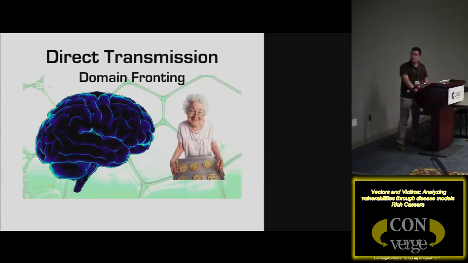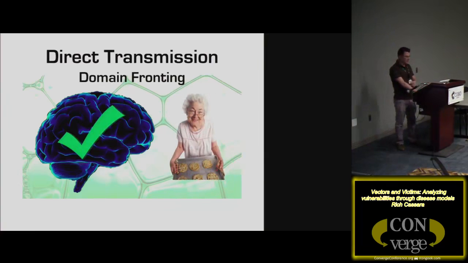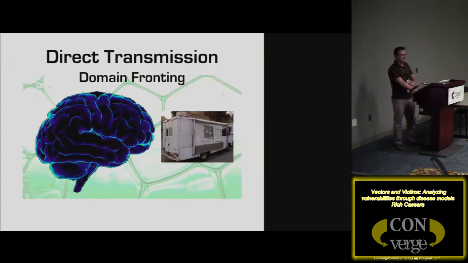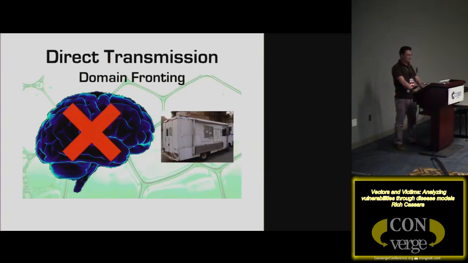So, for example, if your grandma comes with some cookies, then you know this is good. Grandma is a trusted source for food. We're gonna allow this. Her cookies are delicious. Alternatively, that sketchy looking food truck on the corner, your brain might say, let's not go there.